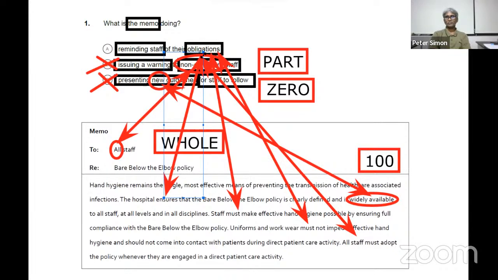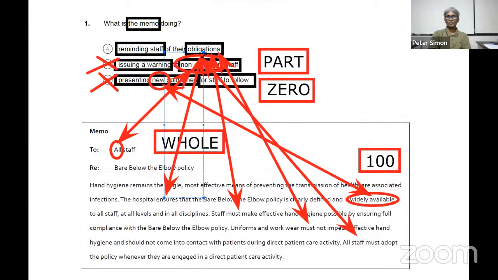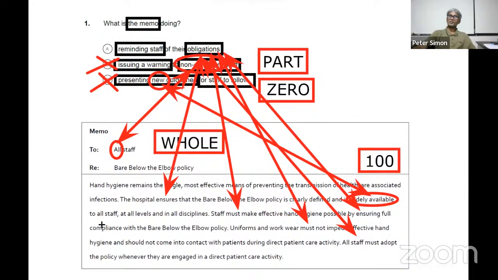So, staff must make effective hand hygiene possible by ensuring compliance, 100% obligation.